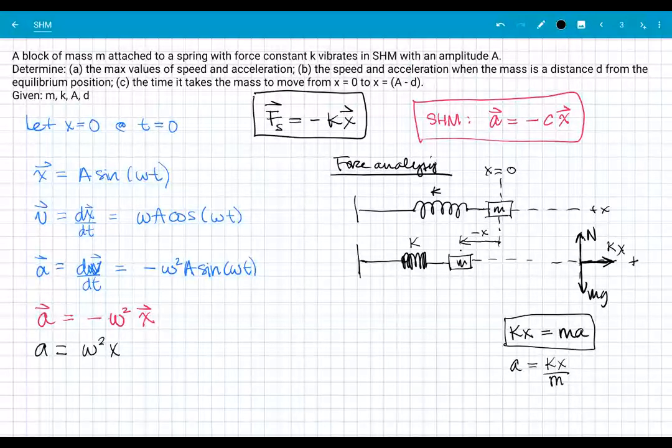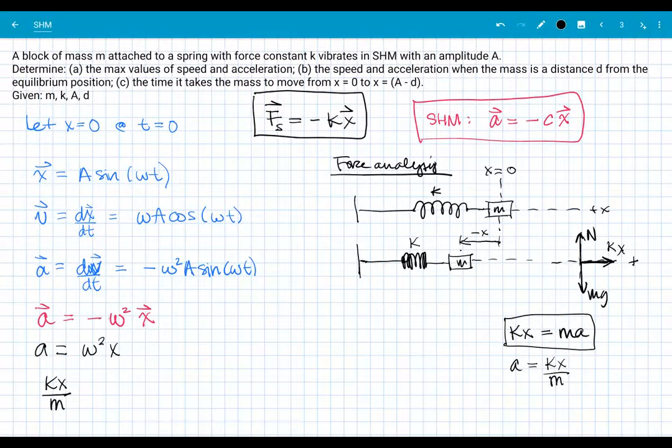The negative sign is about the vectorness of this, about the direction. I can also relate magnitudes to one another, and that's okay. I'm just saying the magnitude of the acceleration is equal to omega squared times the magnitude of the displacement, right?